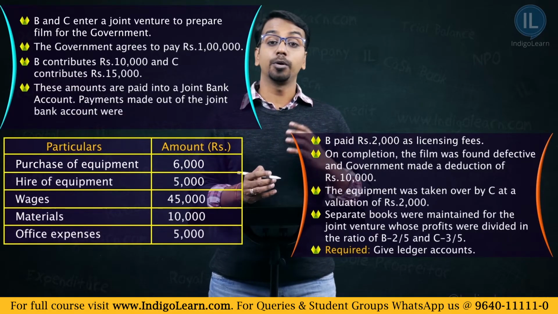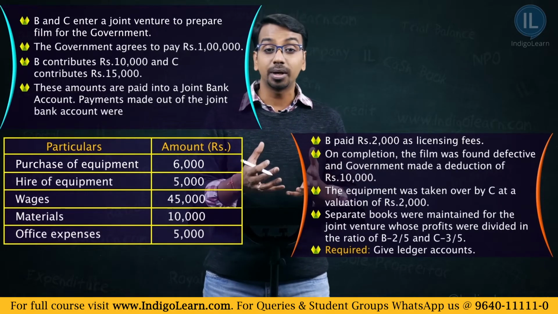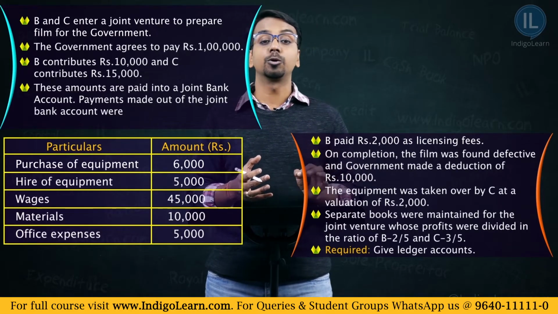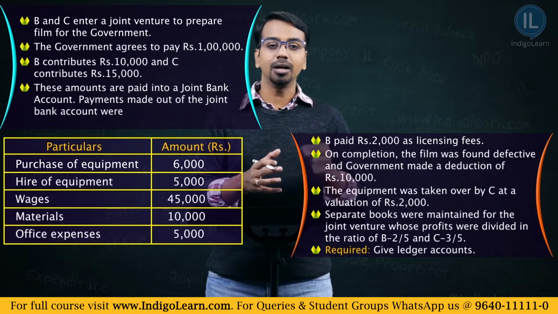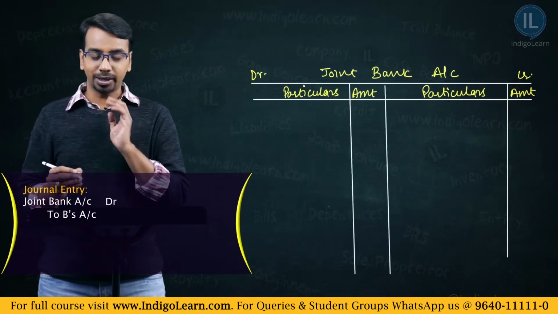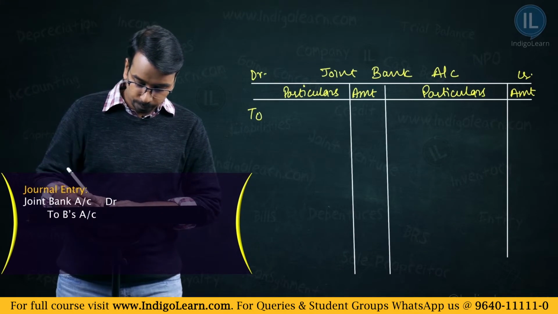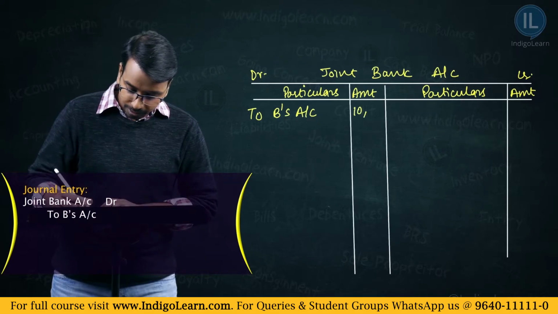When Mr. B contributed 10,000 and when Mr. C contributed 15,000, where did the money come to? The money came into the joint bank account of the joint venture. So you will debit the joint bank account. So the entry will be joint bank account debit to B's account. How much did B contribute? B contributed 10,000.